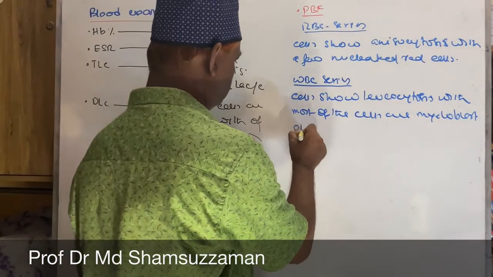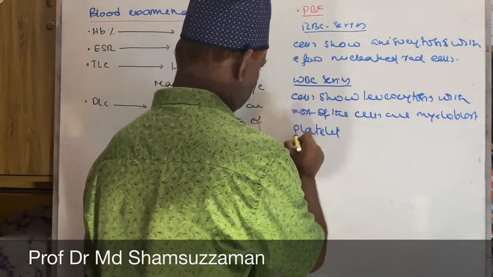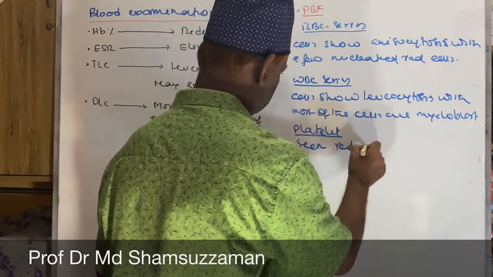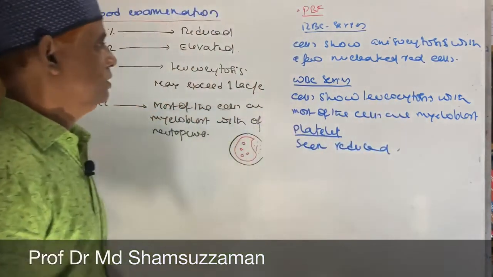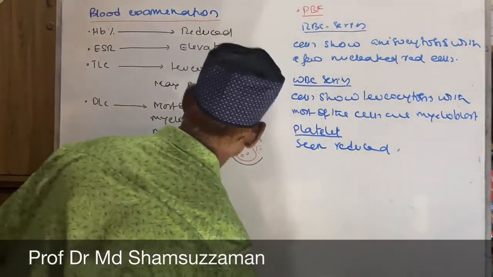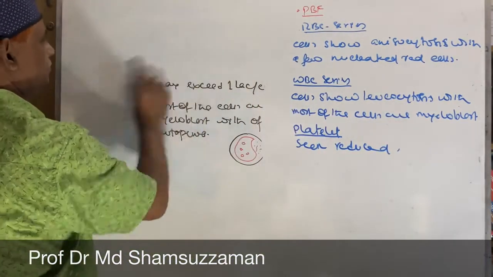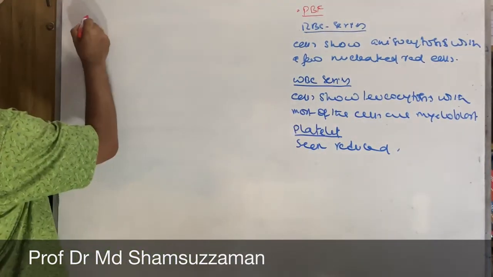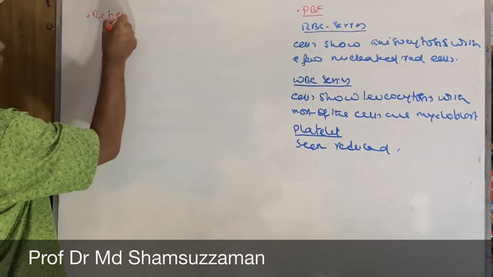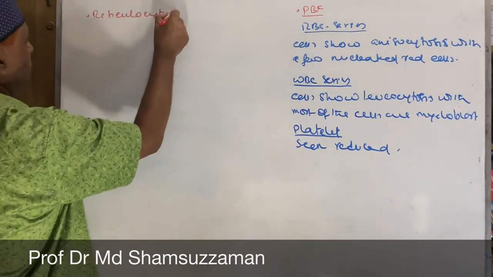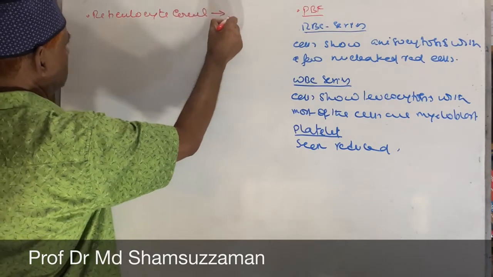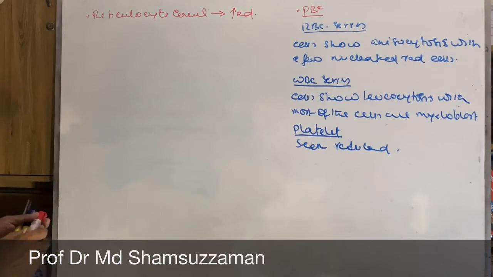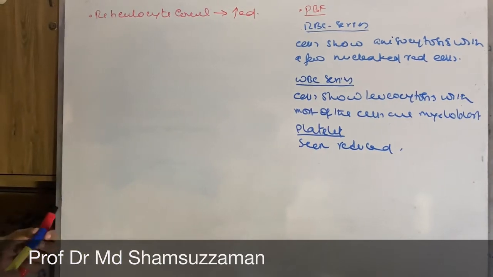Then platelets are seen reduced in the field examined. Then reticulocyte count. It is increased. The explanation is the same as for the increased reticulocyte count in acute lymphoblastic leukemia.